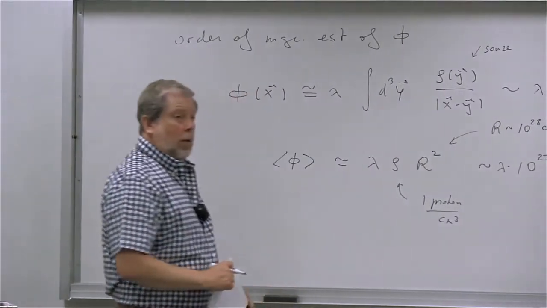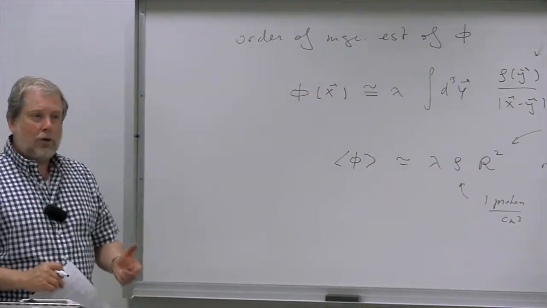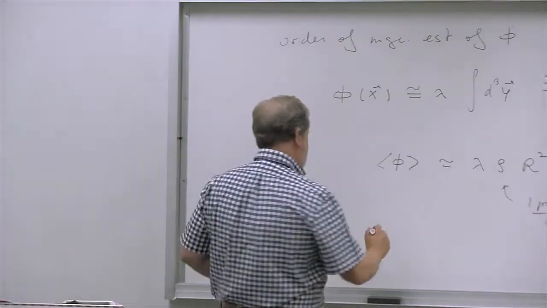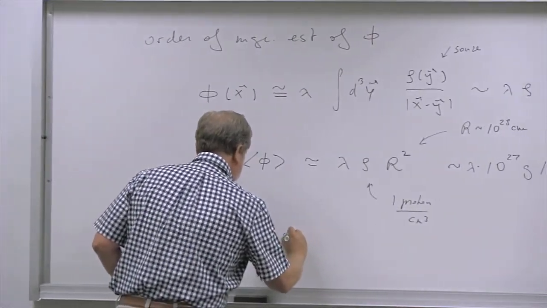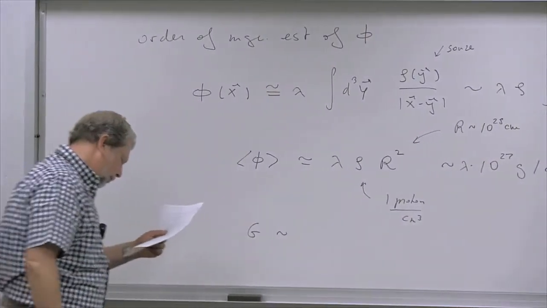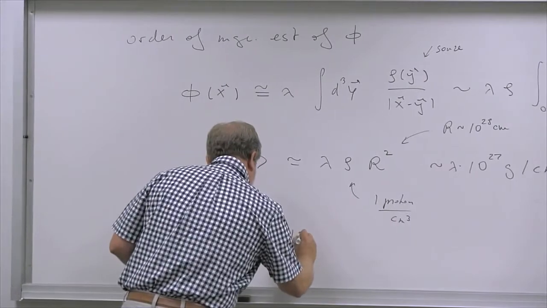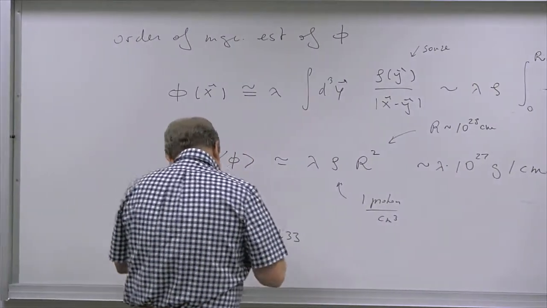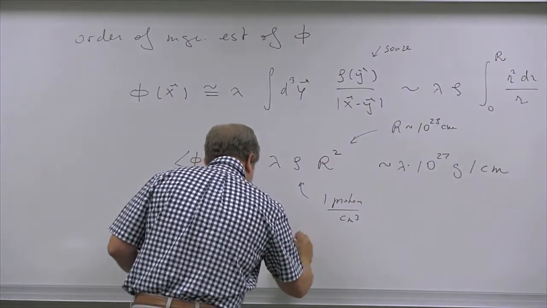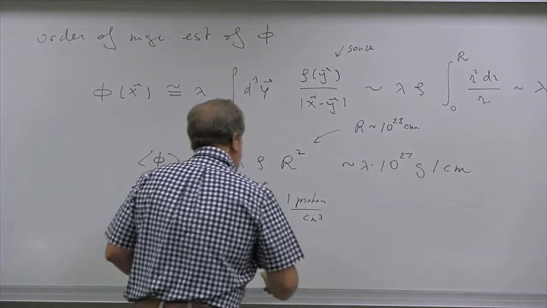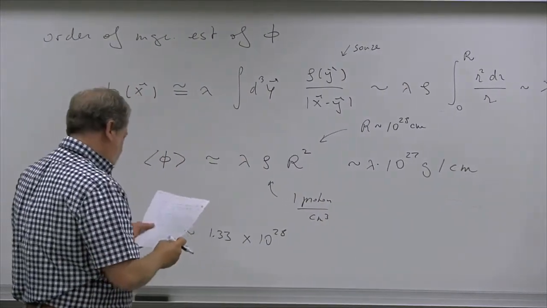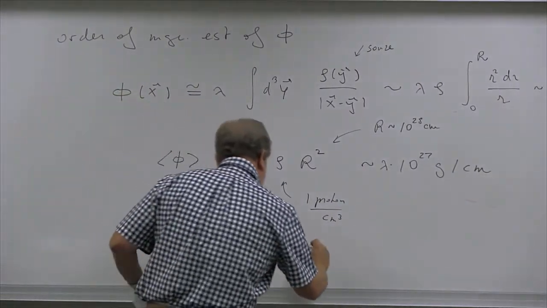Okay? So what Brans, Dicke and Jordan noticed is that this is the same order of magnitude as G to the minus 1, because it is roughly 10 to the 28 grams per centimeter.